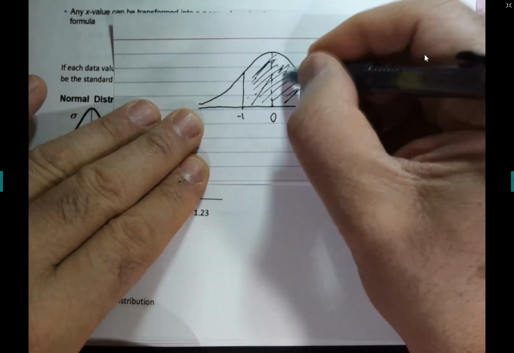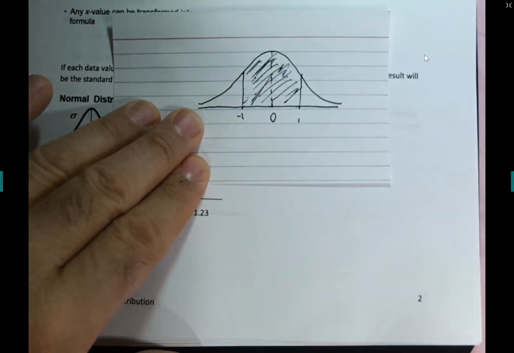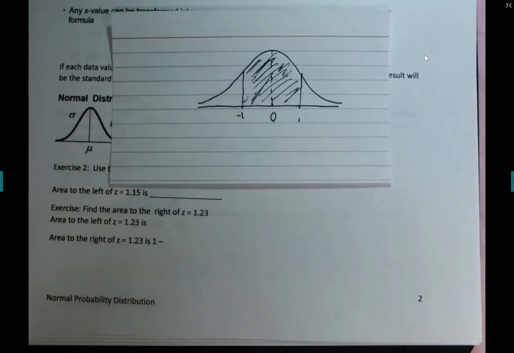Does anyone still remember what was the area between -1 and 1? One standard deviation above the mean, one standard deviation below the mean. 68%. But the good news is you no longer need to memorize any of this because we're going to learn how to find those areas.